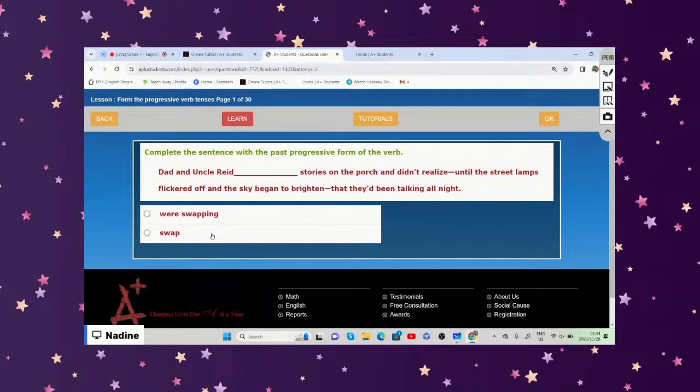Remember, we use the helping verb also. So do we say were swapping or swap stories? Remember, this is the progressive tense, right? It shows ongoing action and we add ing, as well as the helping verb.